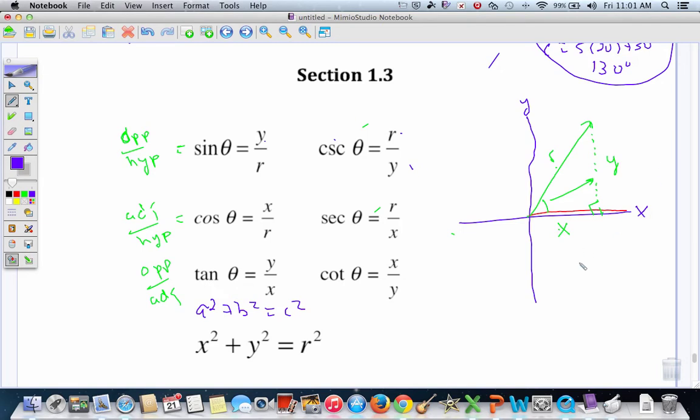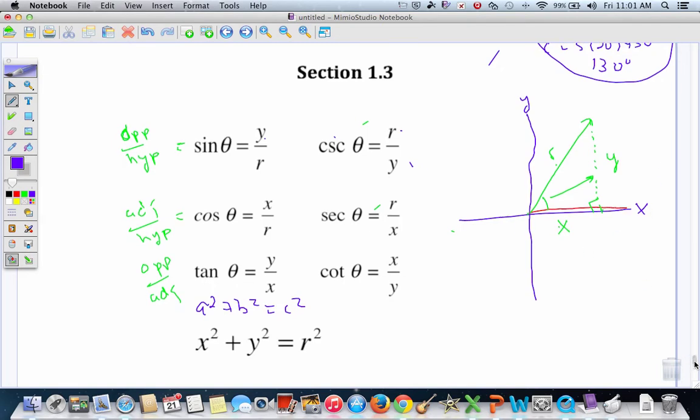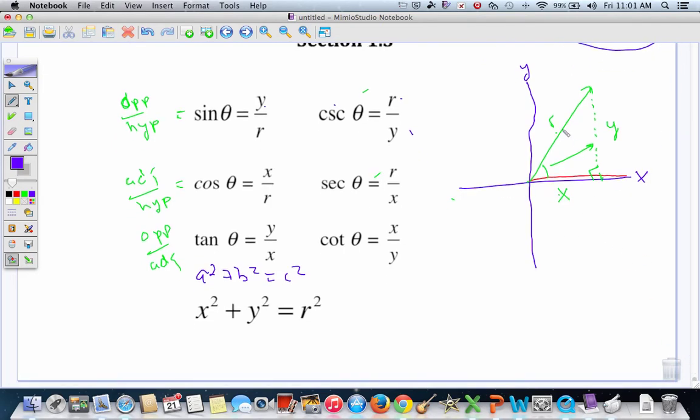One important note to make here is as we move around our coordinate plane, x and y can be negative numbers. As over here, for example, we're over negative on the x-axis because we're to the left of the origin. If we were to come down to the third quadrant or the fourth quadrant, y would be negative.